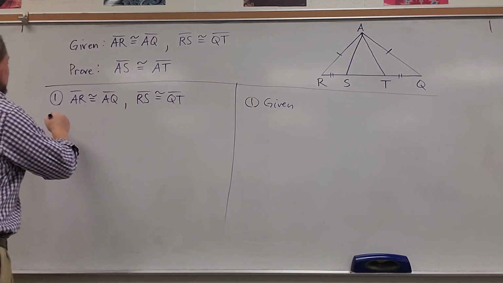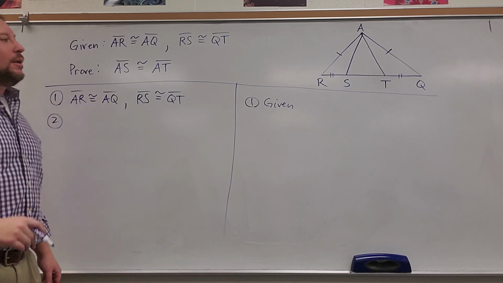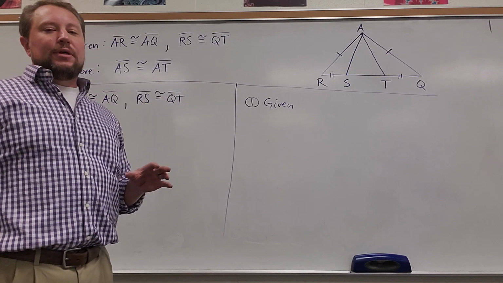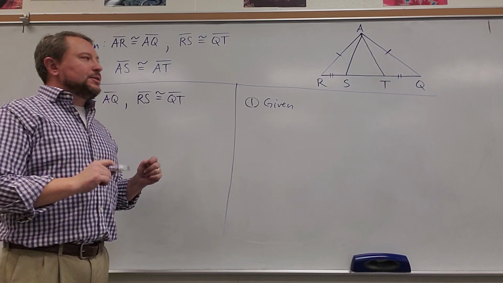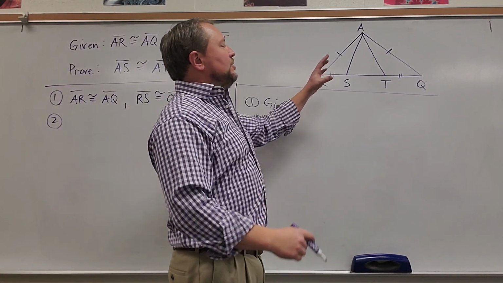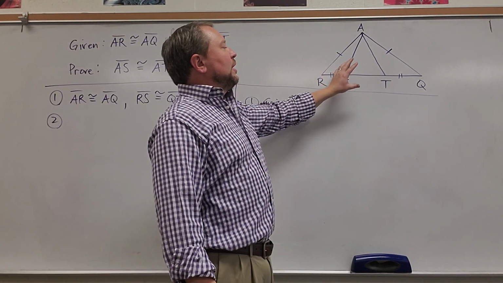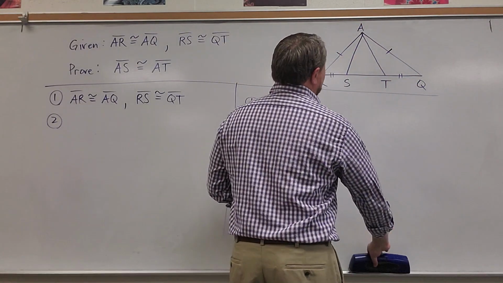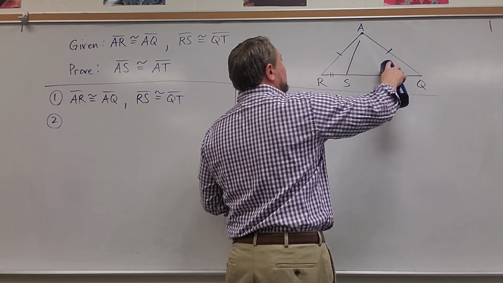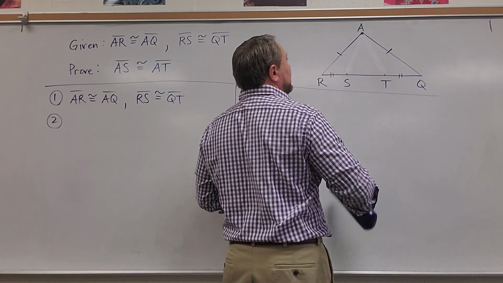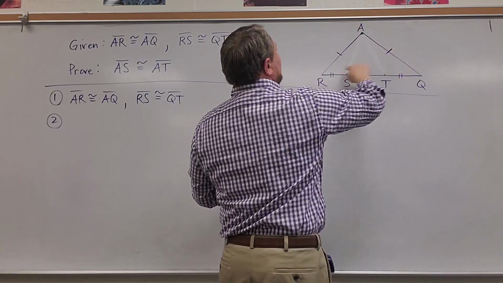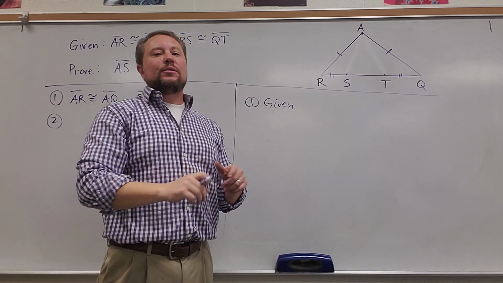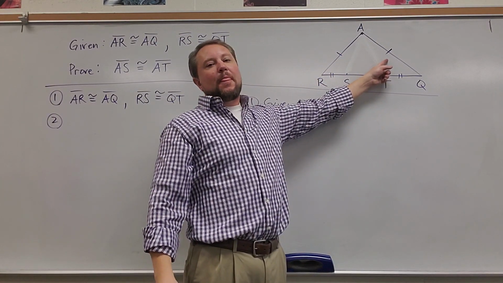Step 2. Now, when I look at this problem, this is going to go back to what I was mentioning earlier. I need you to be able to focus on the overall triangle here. So if I were to erase for right now those two lines there, see how it's one big isosceles triangle with two matching sides?